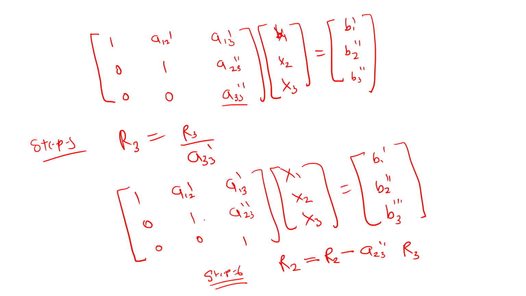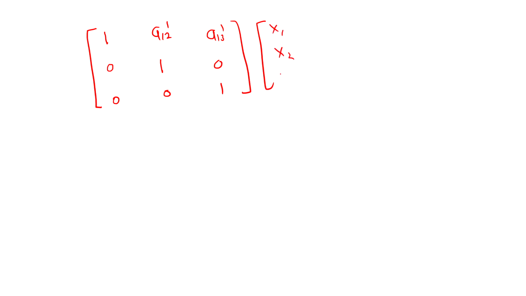What will come out of it is 1, A12 prime, A13 prime, 0 1 0, 0 0 1, and then x1 x2 x3 is equal to b1 prime, b2 triple prime, since 3 operations have already been applied to this, and then we will have b3 triple prime, since 3 operations have already been applied to it.